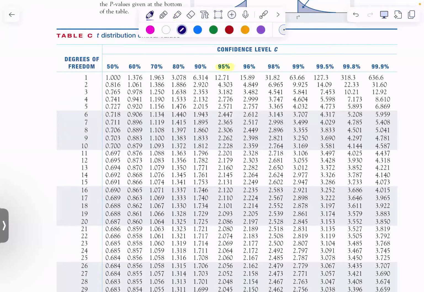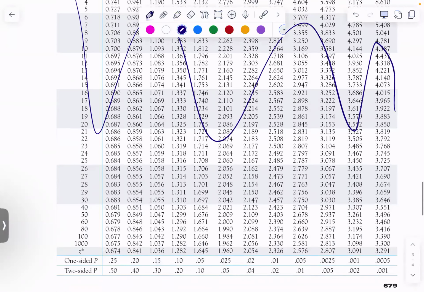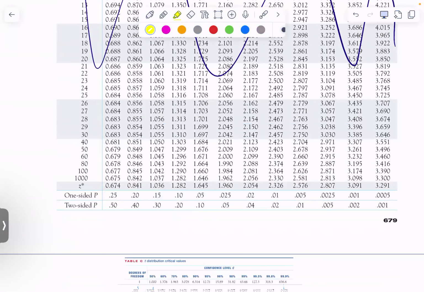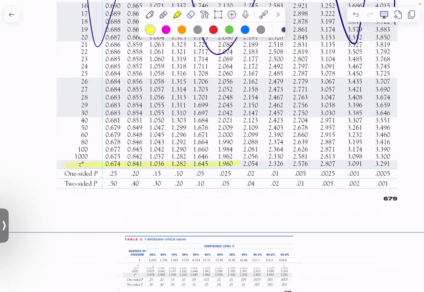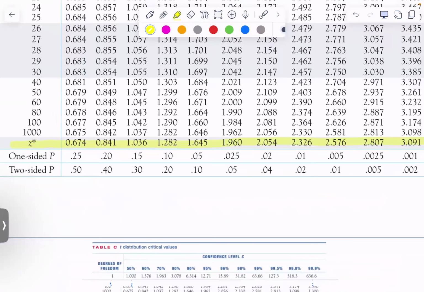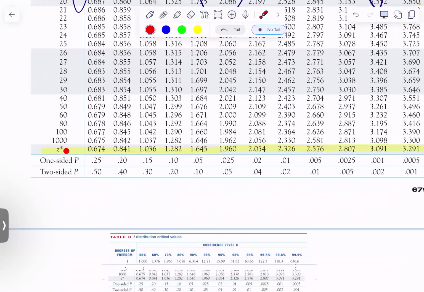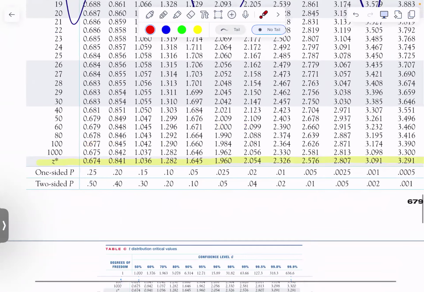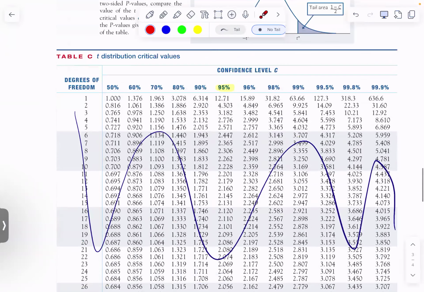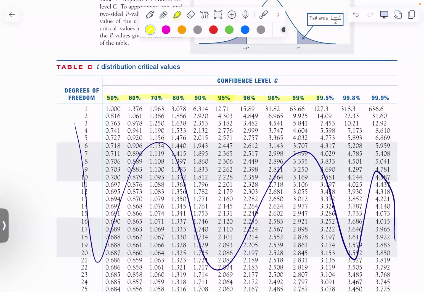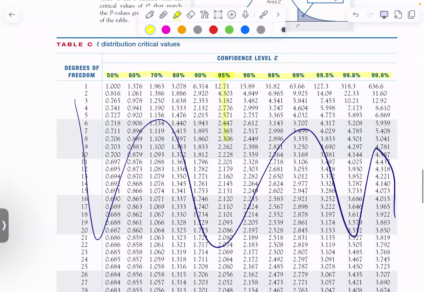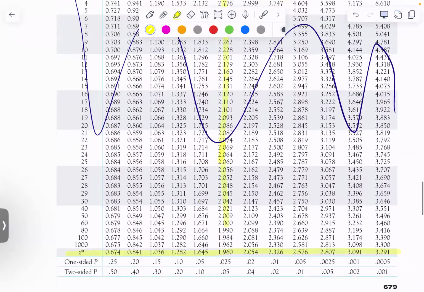So ignoring all of this because we're not working with the T distribution, but a little fun fact, the T distribution eventually turns into the Z distribution. Wow. So here we are at a Z star. For now, we're only paying attention to these two lines and jumping all the way down here to find that Z star value.